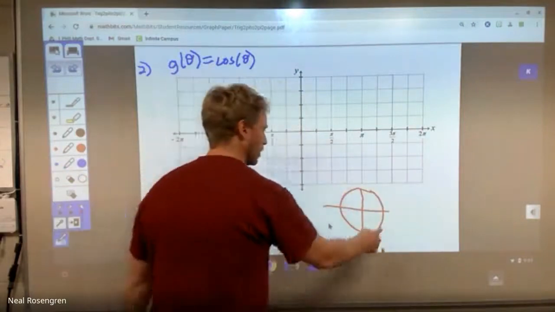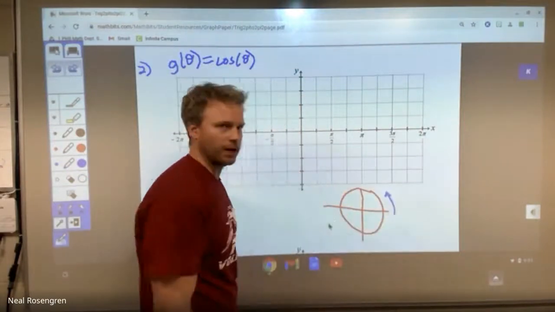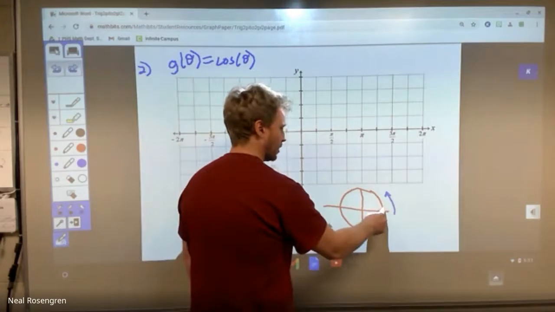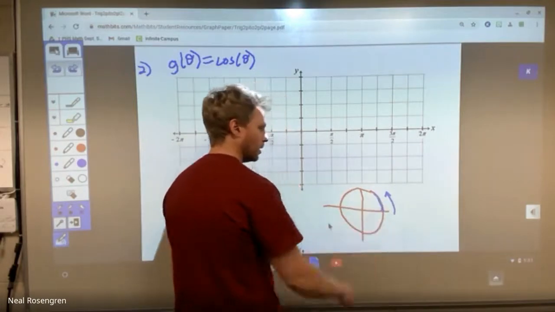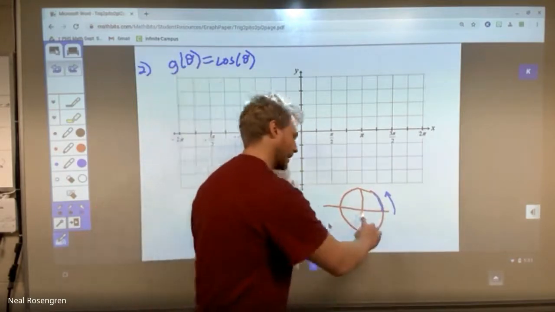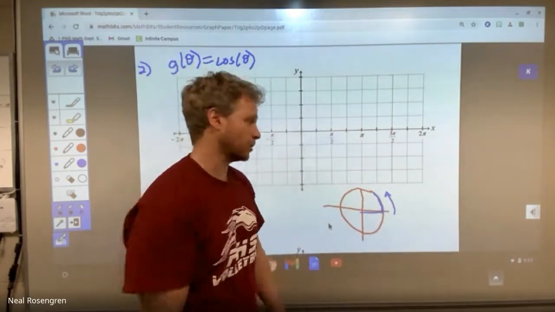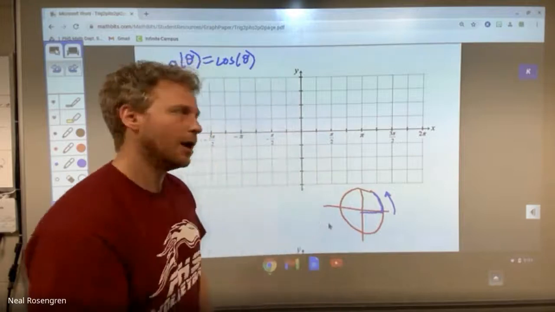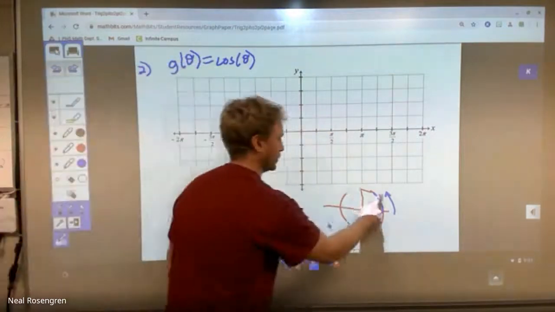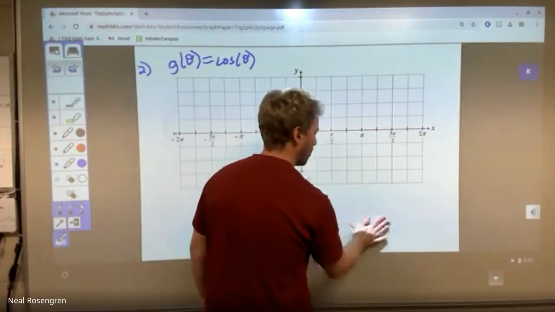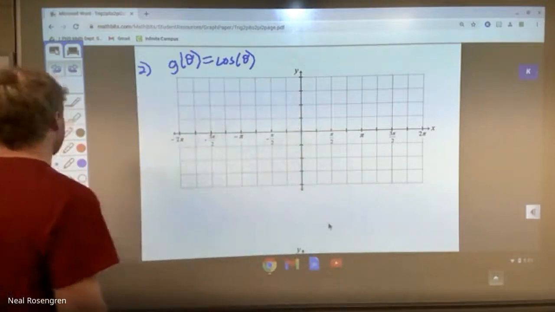And as we open up that positive angle, we're going to track this point. But the part that we care about is how far away it is from the origin. Okay, so it's a little bit trickier to see, but what you'll notice is that that's exactly what it's doing. It's going to track how far away we are from the origin.